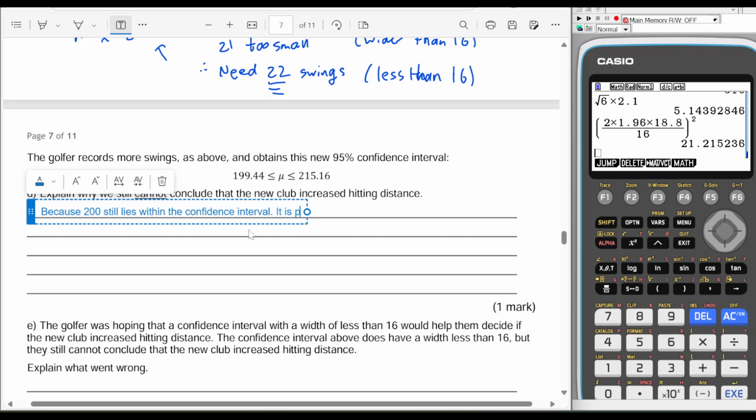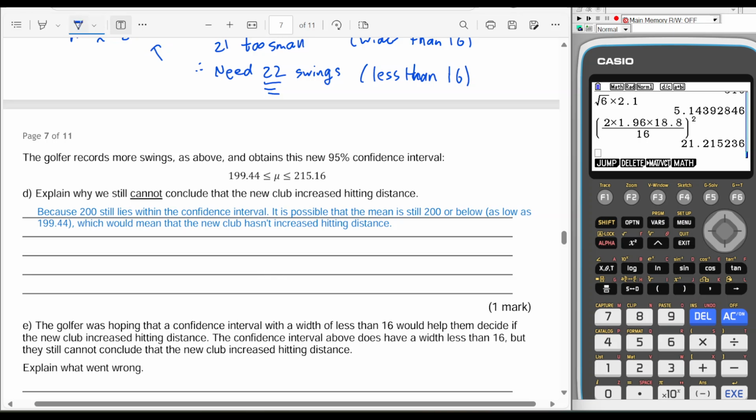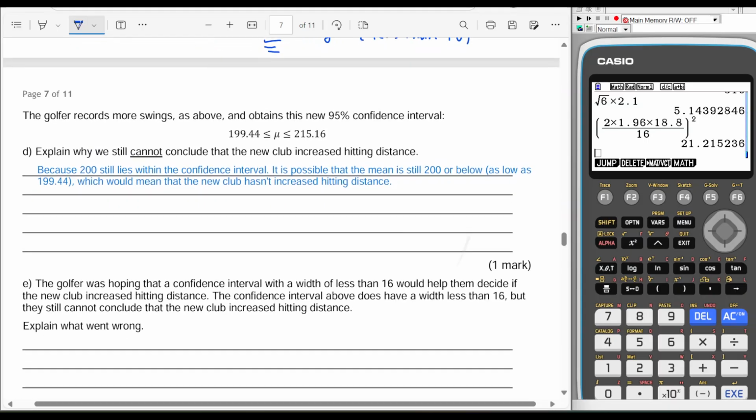It is possible that the mean is still 200 or below, as low as 199.44, which would mean that the new club hasn't increased hitting distance. Since this is a 1-mark question, if you had just that sentence, that should be enough. You don't need to write that whole thing.